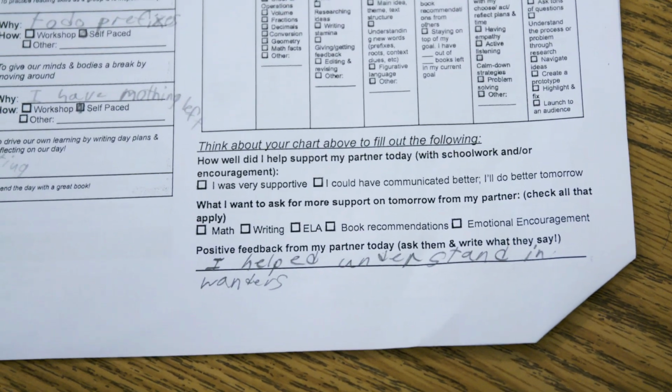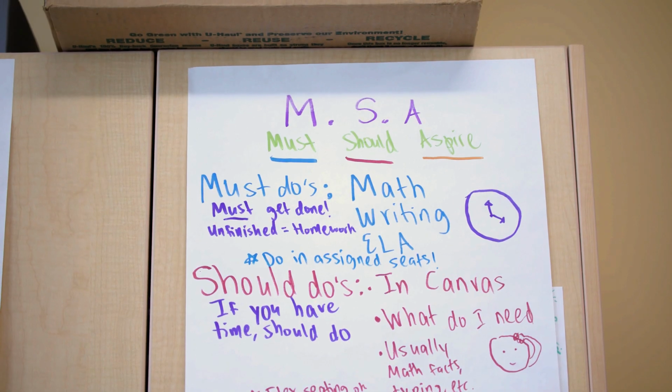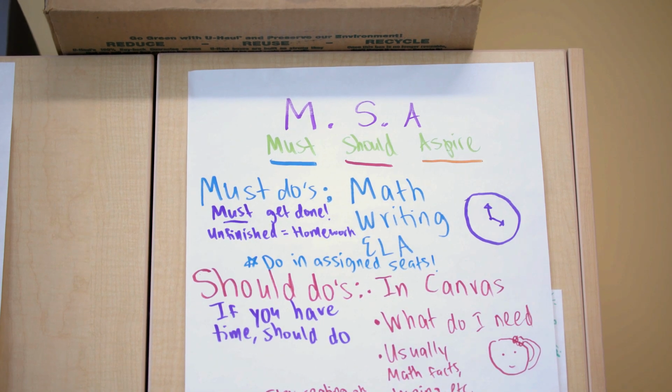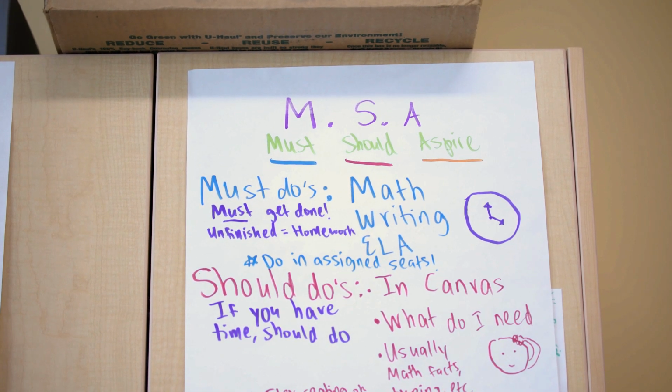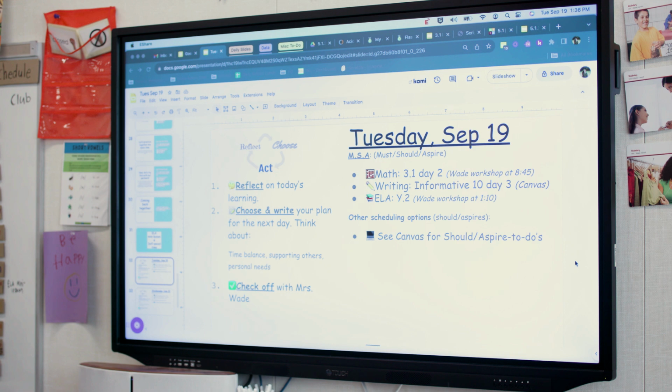They make their plans based on the framework of must do, should do, and aspire to do. I set those must do's each day that have to be taken care of, and I project those on the screen. But then we co-construct the should do's and aspire to do's, and sometimes they're coming up with them throughout the week and they're excited, saying, oh, let's add that to our list. And we post those together on Mondays on Canvas.